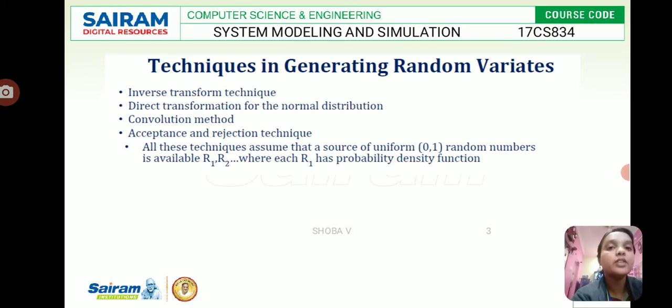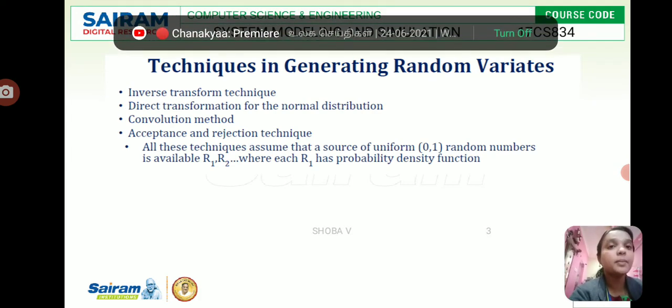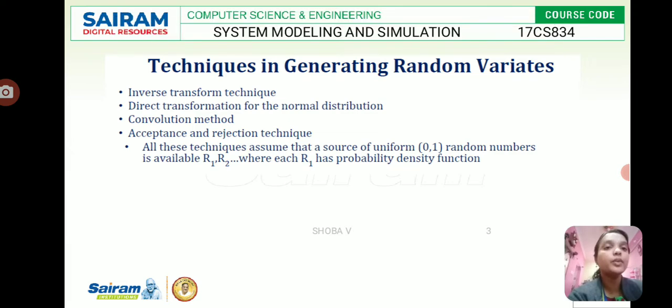Before going to these topics, we already discussed the linear congruential method, the most widely used technique for generating random numbers. We also report an extension of this method that yields sequences with a particular period. Now we will see how the inverse transform technique works.